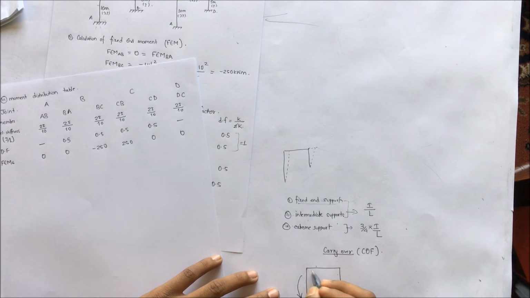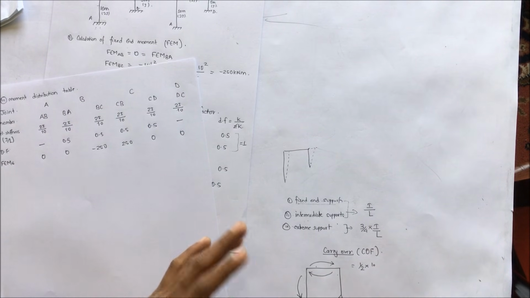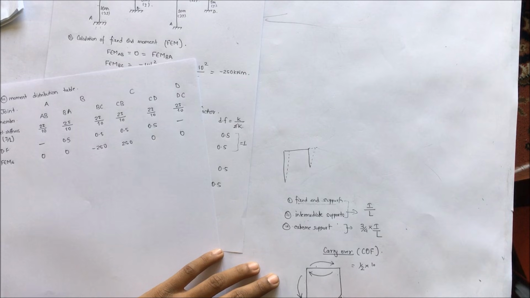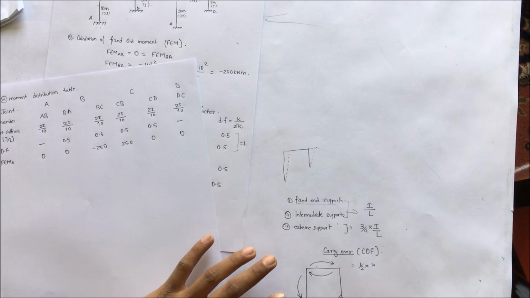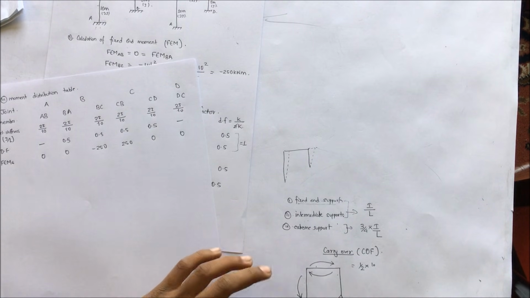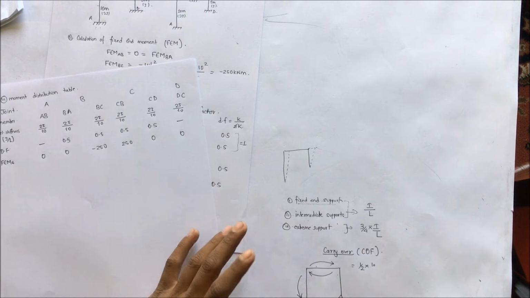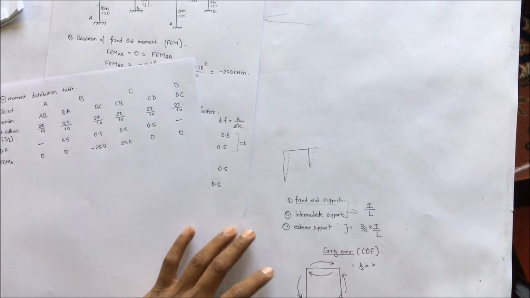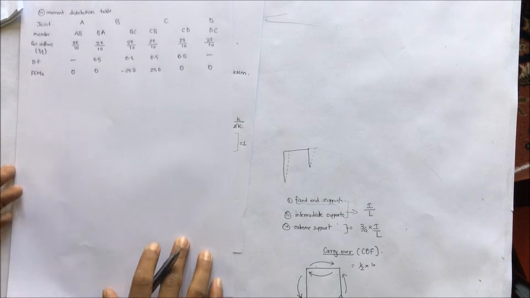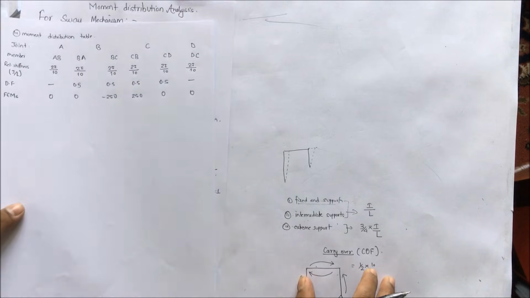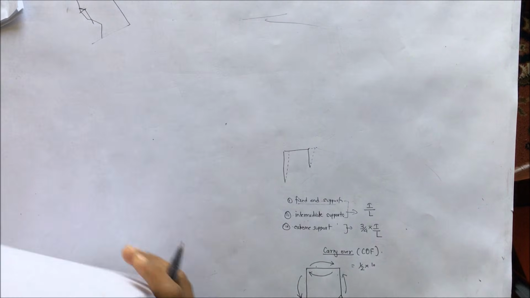In intermediate support there is distribution mutually, and it is equal to half of the load, generally half. And finally for extreme support, it is not capable of holding or resisting moment, so it doesn't take any moment, rather it gives all moment to the member. So this is the fundamental basics of carryover.